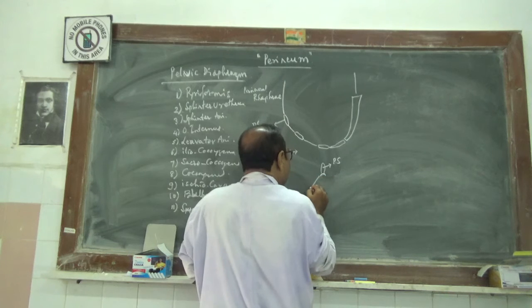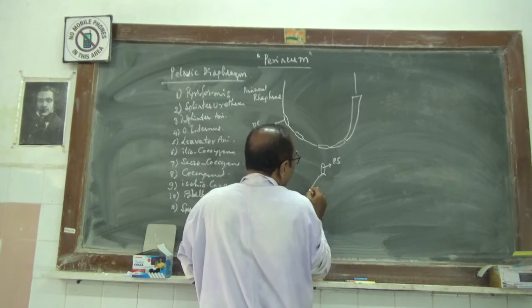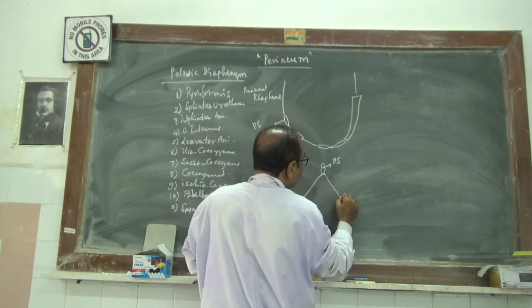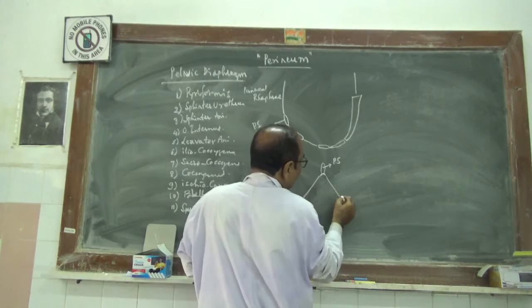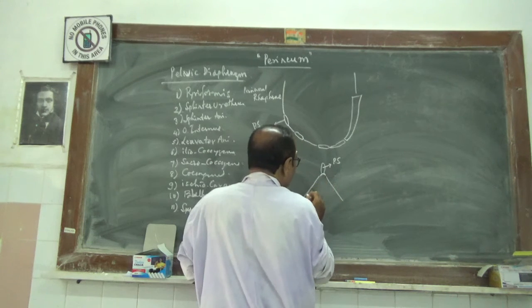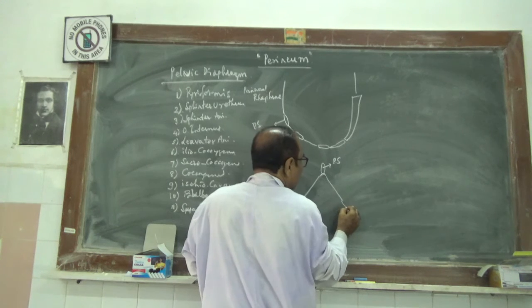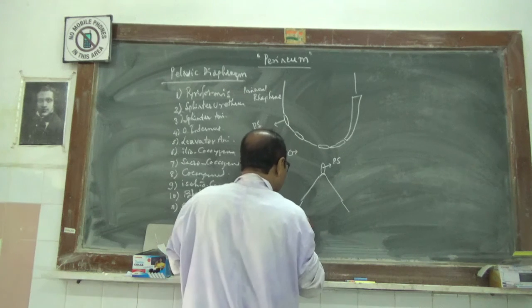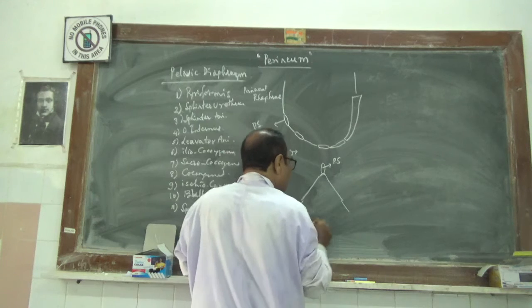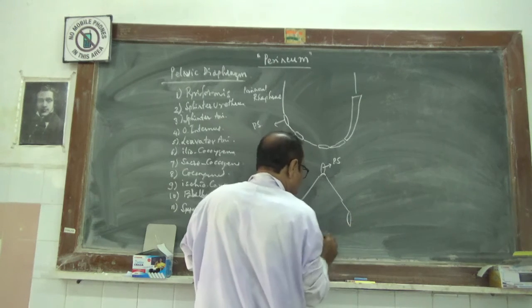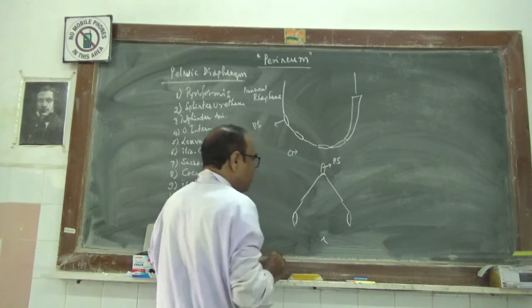Then this is the lower border of the inferior ramus of the pubis. This is also the lower border of the inferior ramus of the pubis. This is the adjoining point of the ramus of the ischium. This is the ischial tuberosity, and this will be the tip of the coccyx.